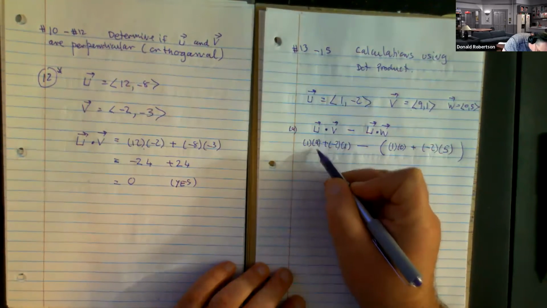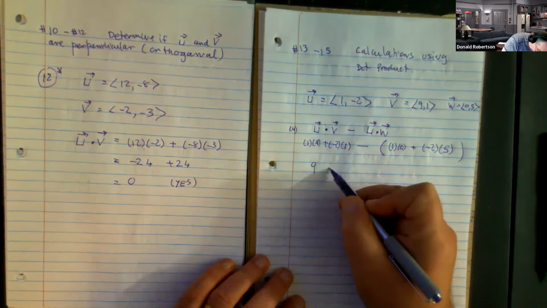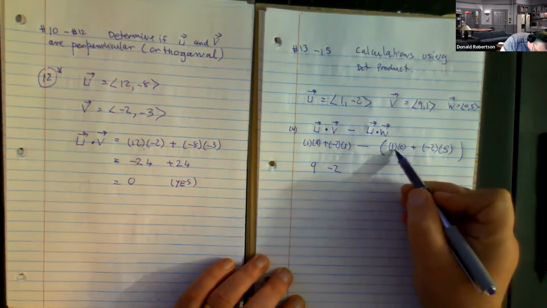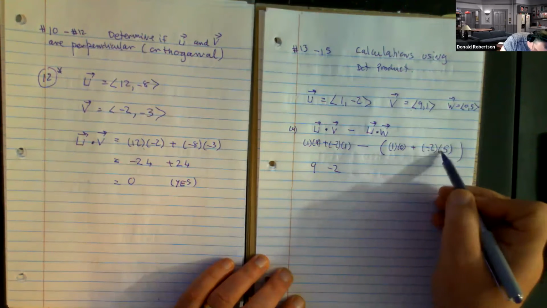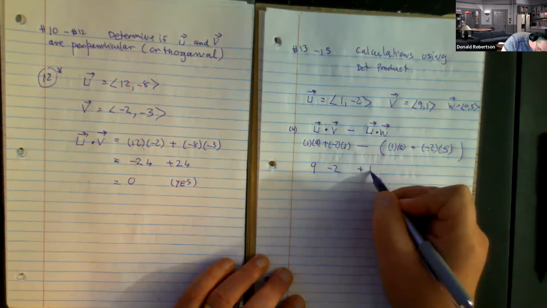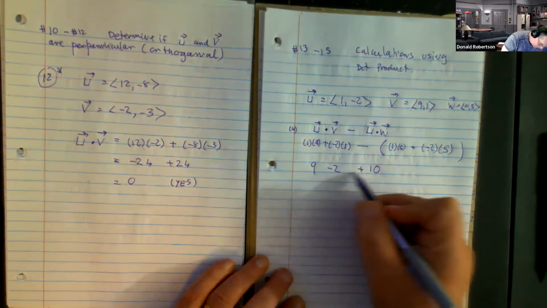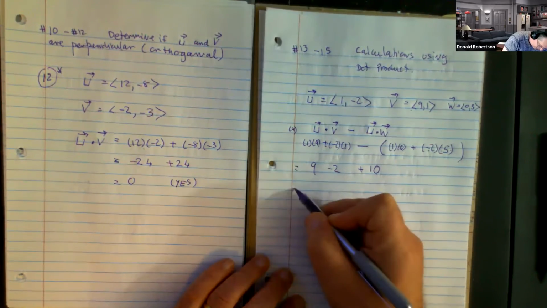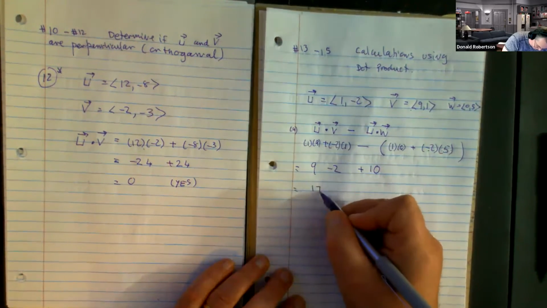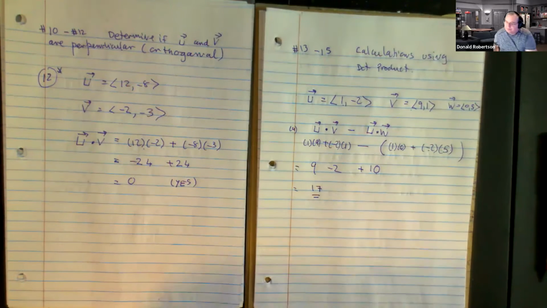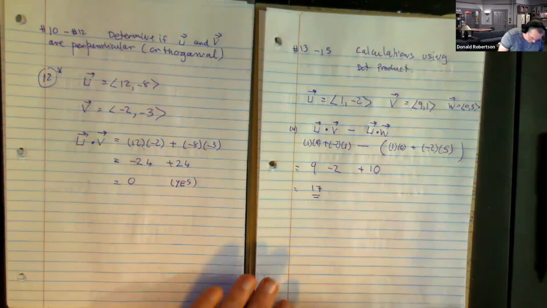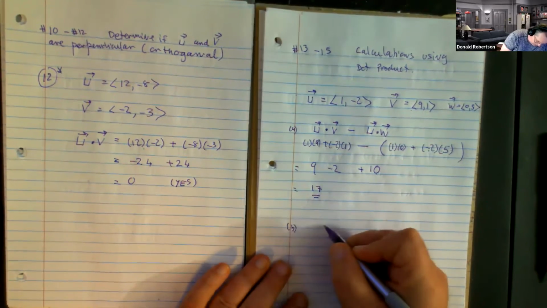Well, 1 times 9 gets me 9, take away 2. That's -10. So take away -10 is add 10. And so combining all these guys together, I believe the answer is 17. Or you might get a question like this.